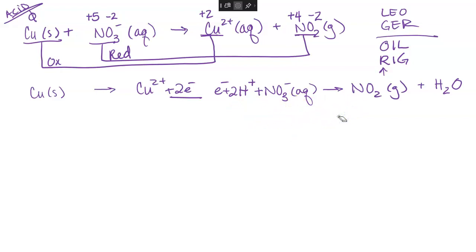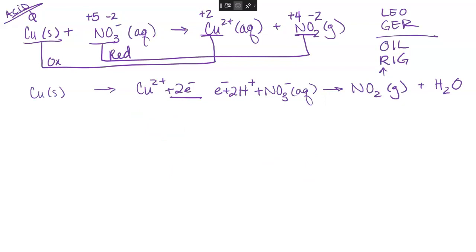Notice my electrons are on opposite sides of the reaction for each half reaction. They're on opposite sides. That should happen because our end goal is that we eliminate them totally. Can we eliminate them as they stand? No, so we need to multiply by coefficients to make them the same. Do we need to change the left-hand one? No, to change the right-hand one by multiplying, I hear you guys whispering it, by 2.